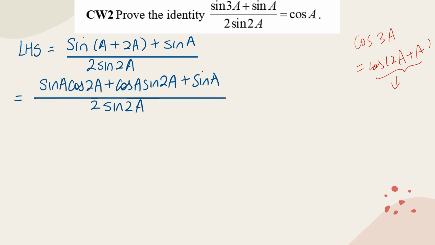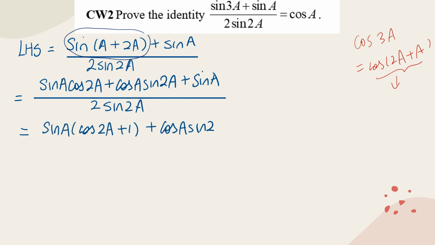Okay, and then we apply the addition formulae for this guy here, which give us sine a cos 2a plus cos a sine 2a. Right, then what do we do next? Then we factorize common term. So what is the common term that I can factorize? Yes. Can you see that I have a sine a, and then I have a sine a cos 2a.